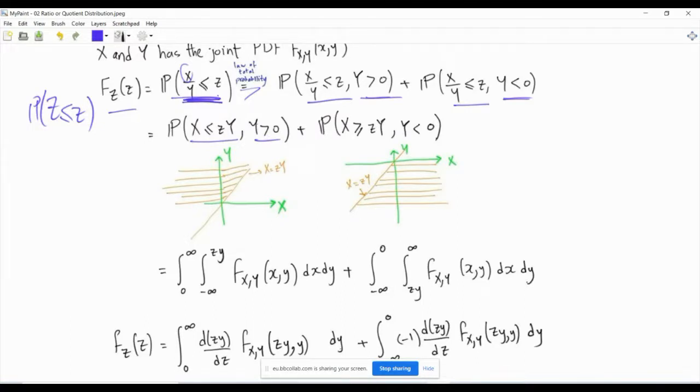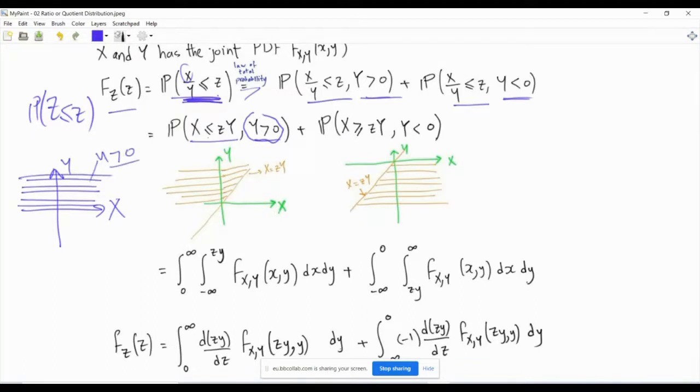The event of interest will be Y greater than 0, so we are here. This is basically Y greater than 0.